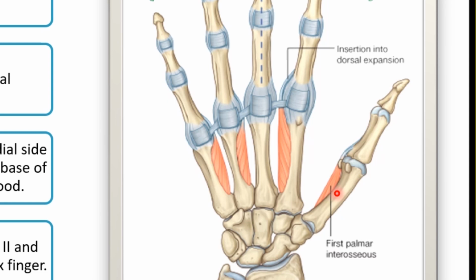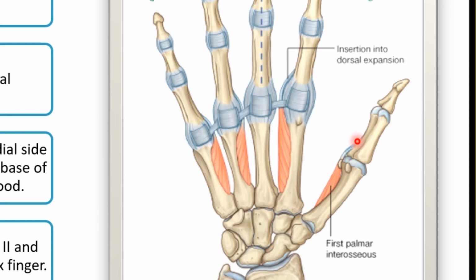It moves distally to insert into both the base of the proximal phalanx of the thumb and into the extensor hood. This is the area of origin, and it moves from there to the base of the proximal phalanx of the thumb and then the extensor expansion.